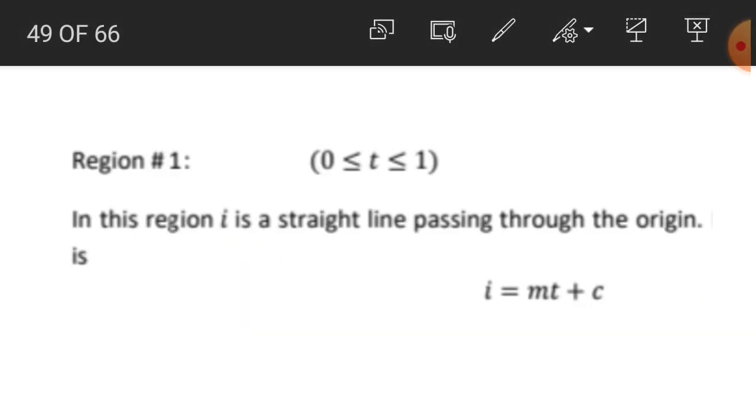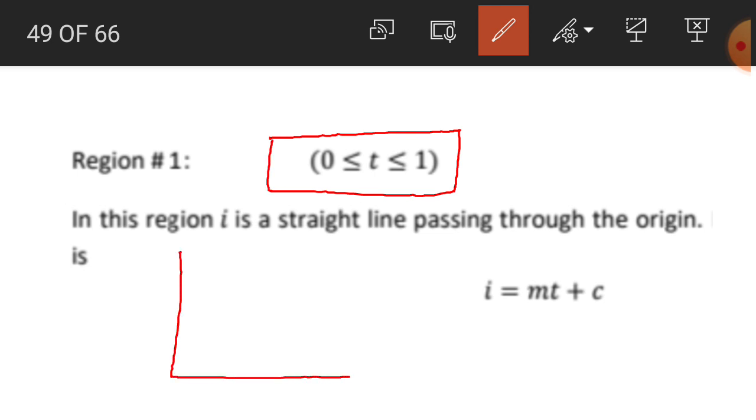Okay, so let us consider region number 1. In region number 1, the time is changing from 0 to 1, and the current is changing from 0 to 2 ampere. So in this region, we have a straight line passing through the origin.